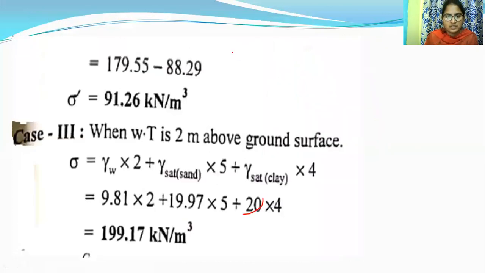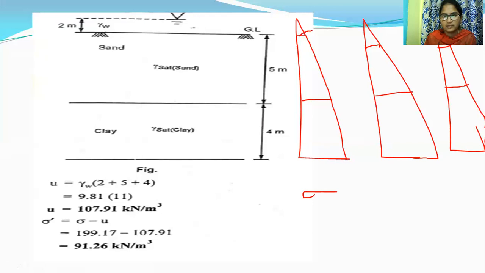Total stress is unit weight into H. Here gamma sat sand into small h.